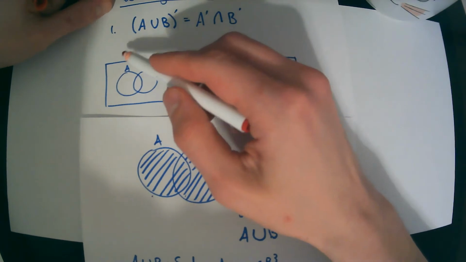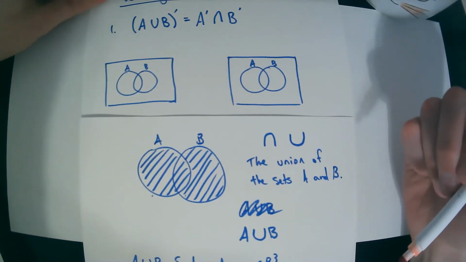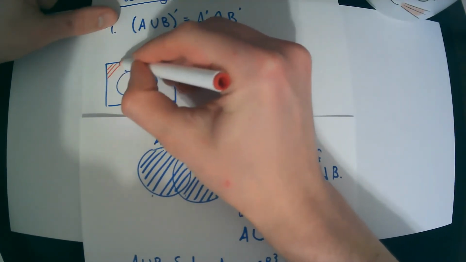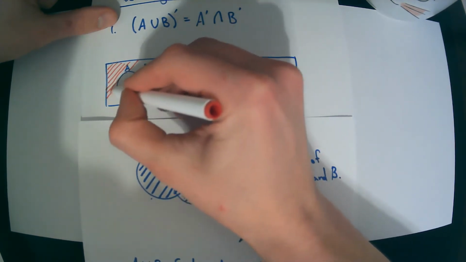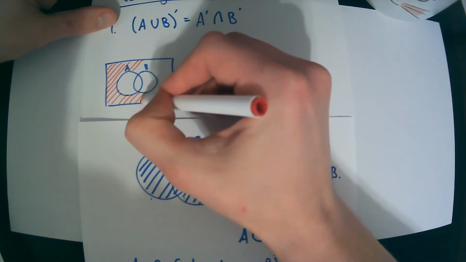So I'm going to color everything in this box except for A union B. That means I'm going to color in this entire box except for A union B, and A union B is just both of the circles, so I'm missing all of the circles.